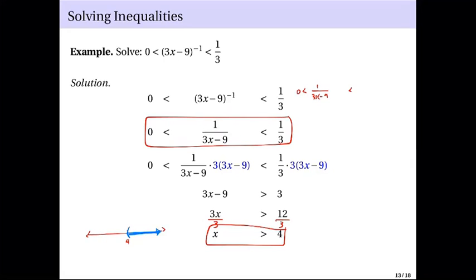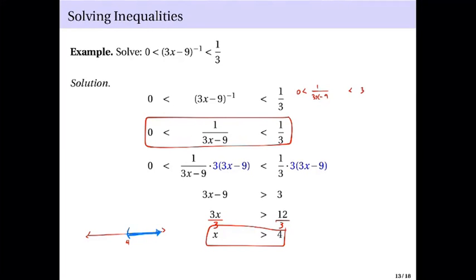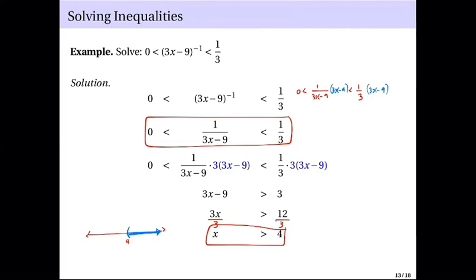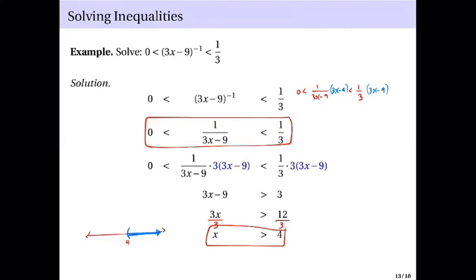And then less than, sorry, it's 1/3. This guy here, it's 1/3. Okay? And then we multiply all sides by 3x minus 9. So in here, we multiply 3x minus 9. And again, in here, we multiply 3x minus 9, but this is 0 anyway. So it's just 0. And then if we simplify this, okay?